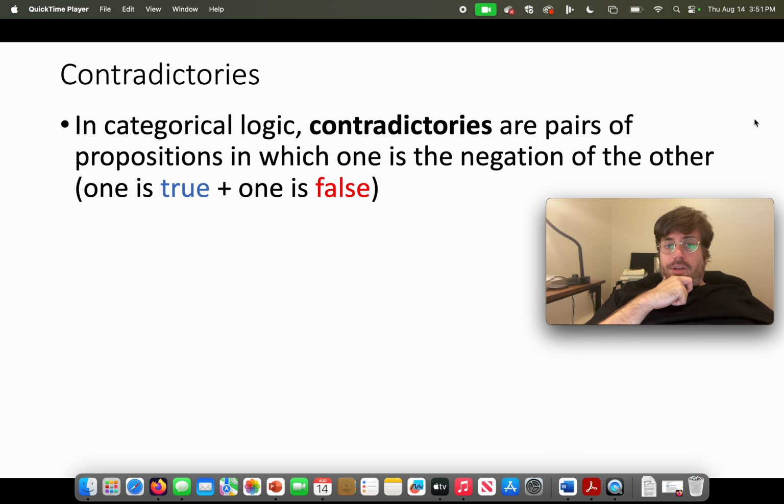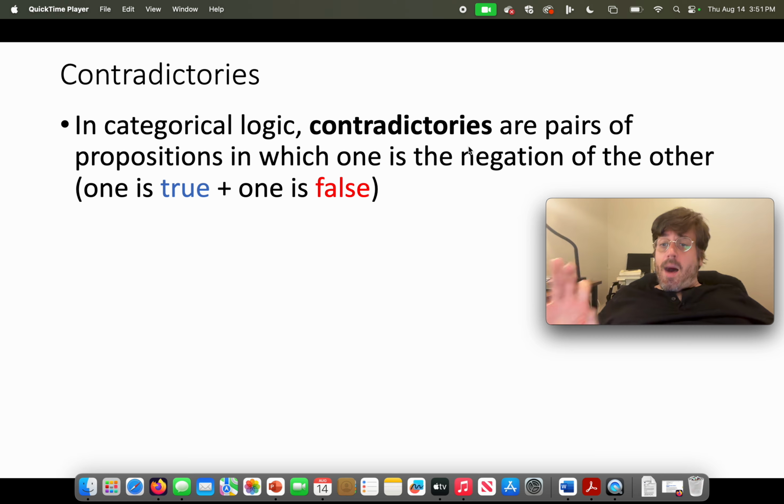In categorical logic, contradictories are pairs of propositions in which one is the negation of the other. And if one is really the negation of the other, it means that one is true and the other is false. They have opposite or conflicting truth values. Contradictories are two sentences of categorical standard form that have opposing truth values. Okay, so we're going to have to learn which ones are contradictory and why.